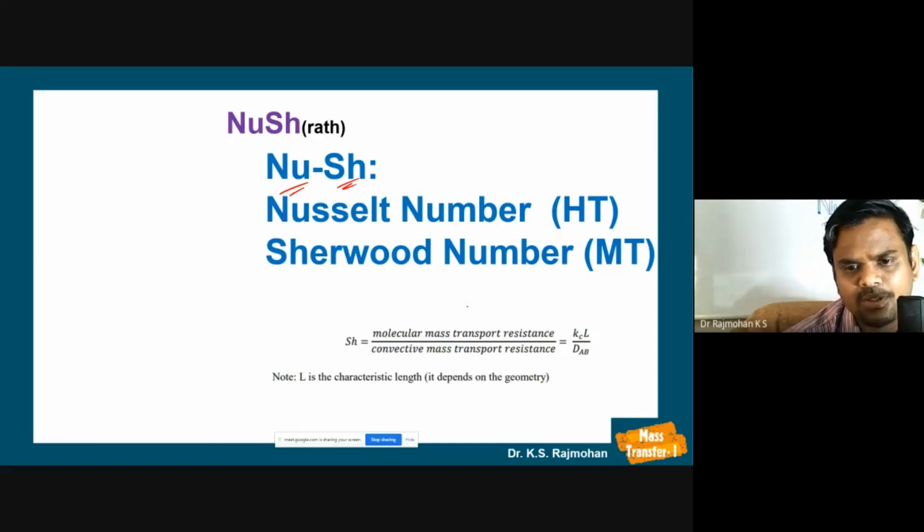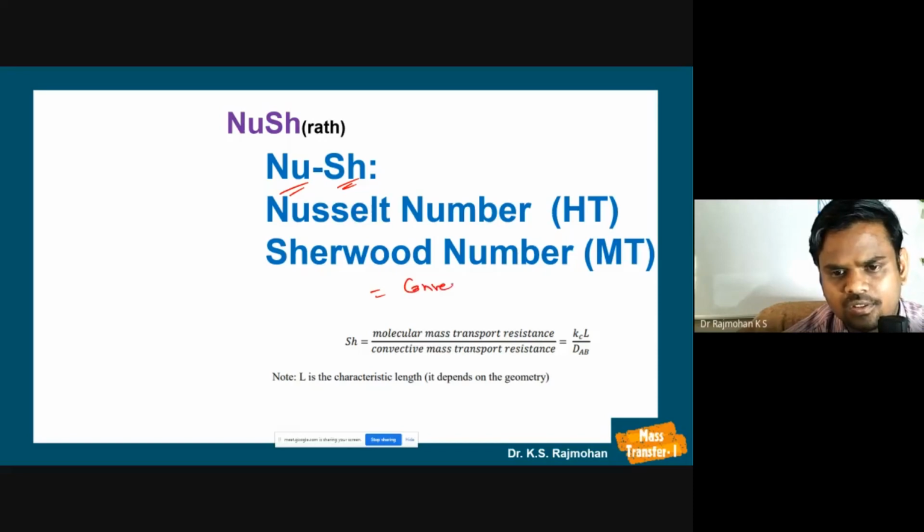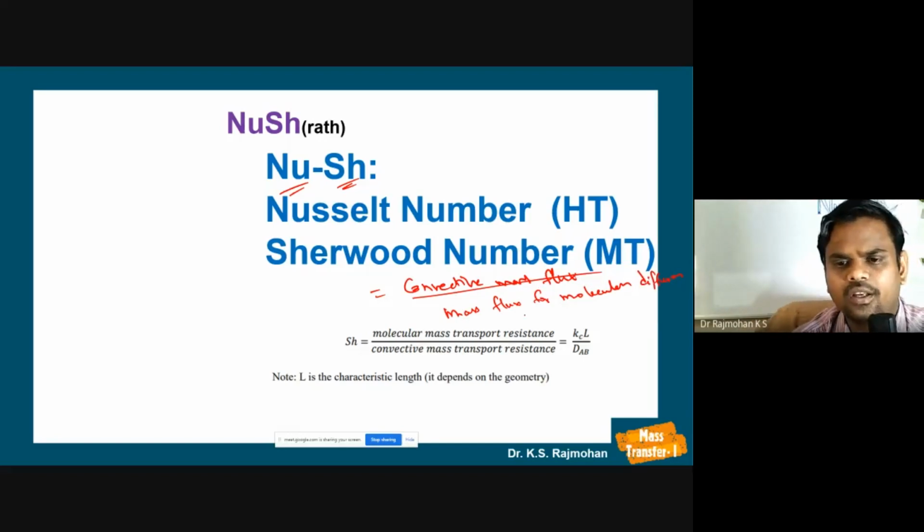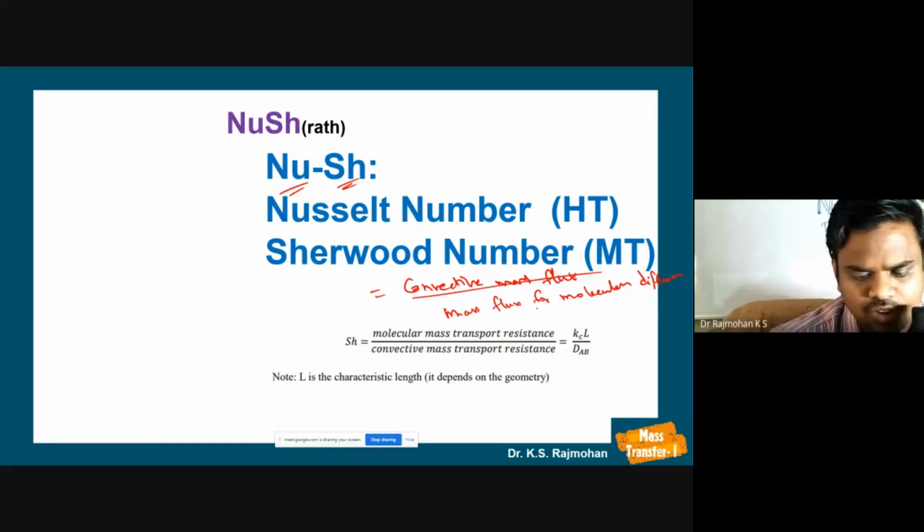Or you can simply say, Sherwood number is equal to convective mass flux divided by mass flux for molecular diffusion.